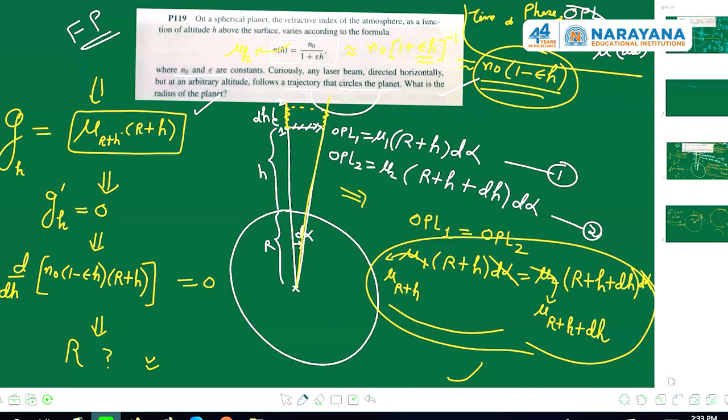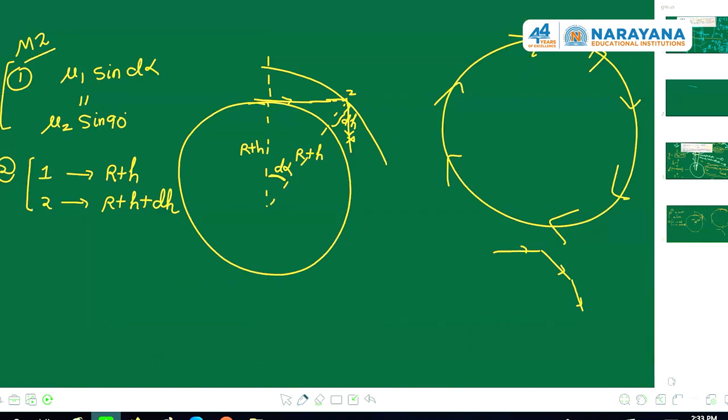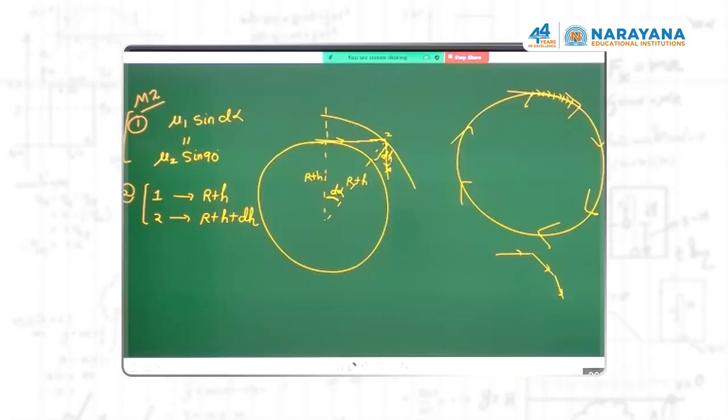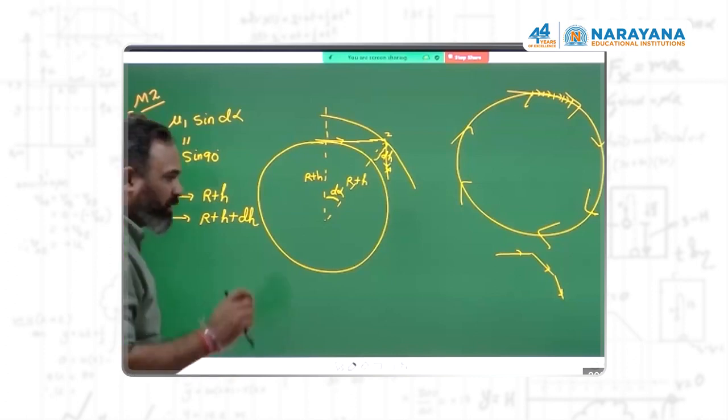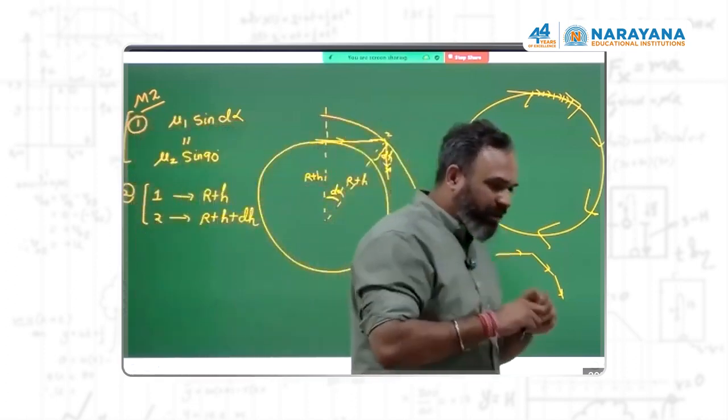By saying this, mu into R plus H, that term comes in the sin d alpha term already. Just observe that d alpha term and you will get your result as such. I think that idea is clear to all of you, na?